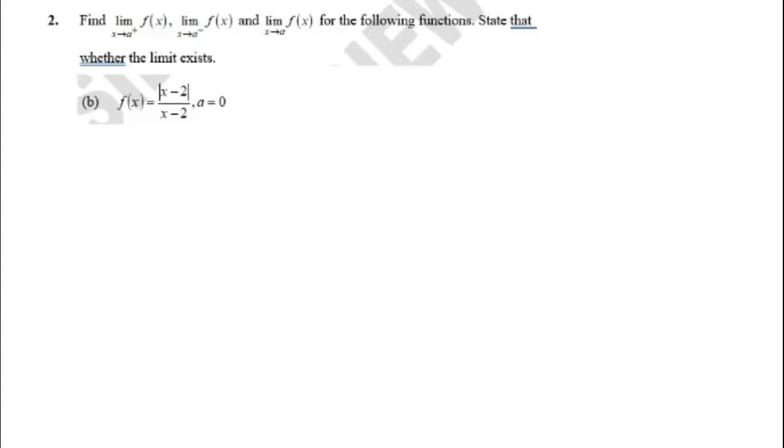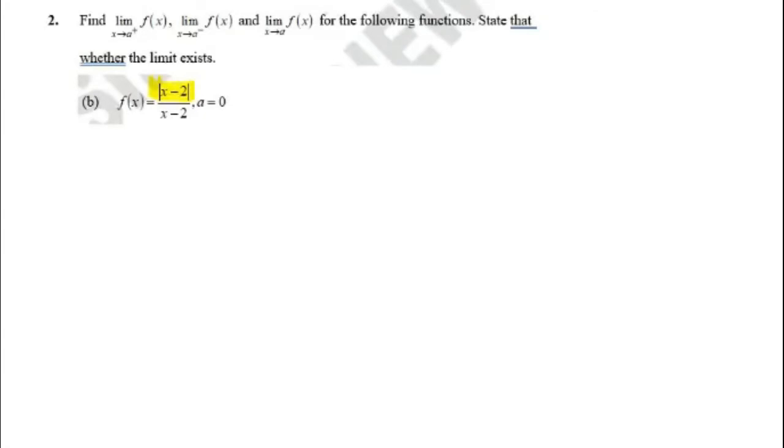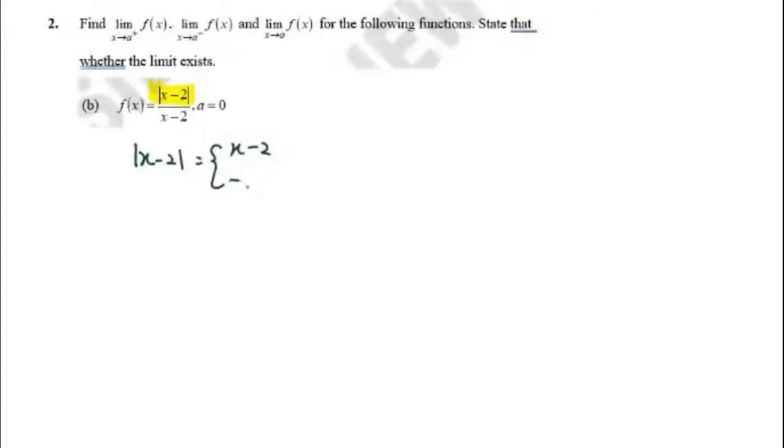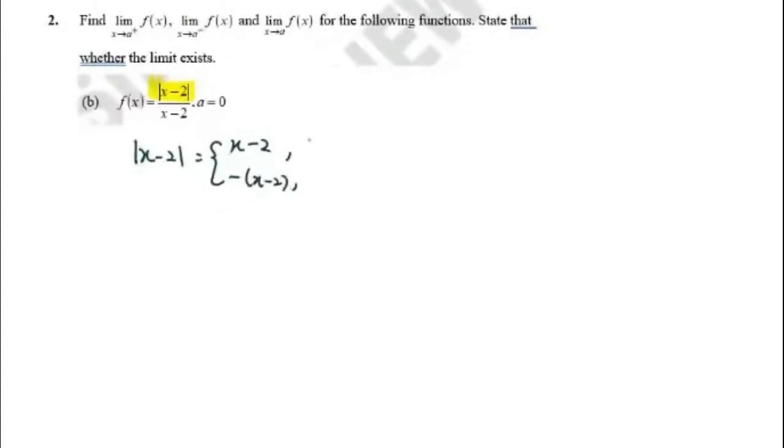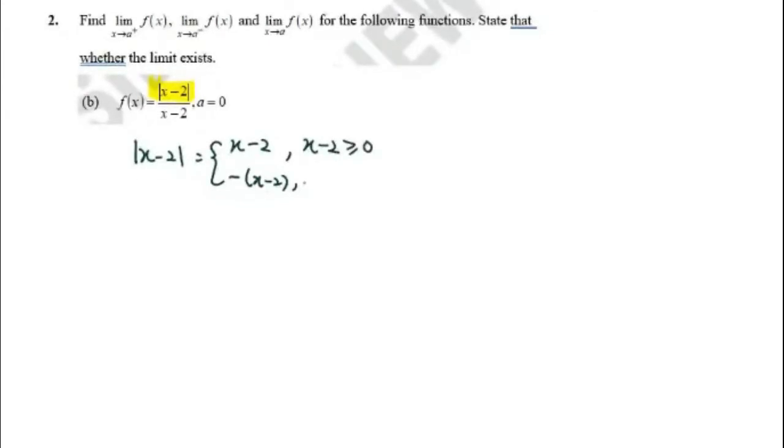So first of all, when we see our function which is in modulus, which is an absolute function, we need to define our absolute function as a piecewise function. So that is our first step, where modulus x minus 2 can be expressed as x minus 2 and negative (x minus 2), for x minus 2 greater than or equal to 0 for positive, and for the negative function it will be less than 0.